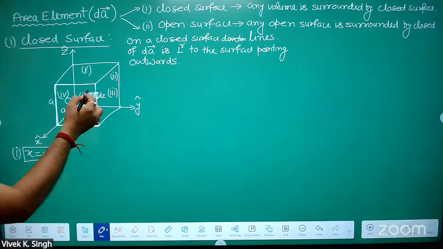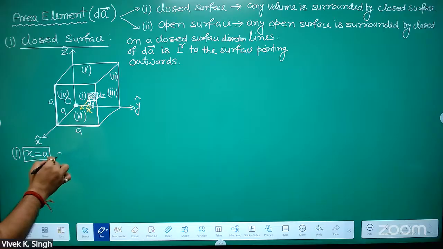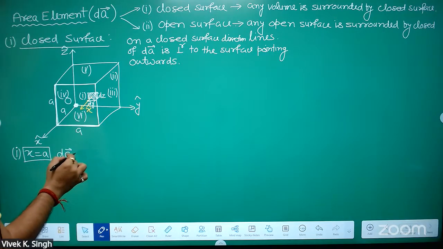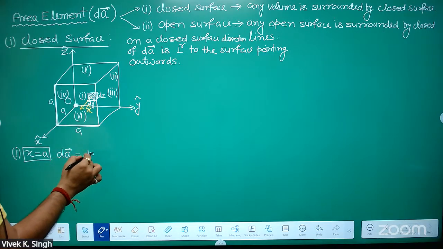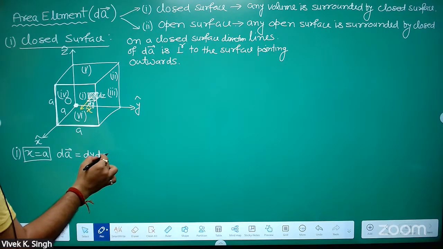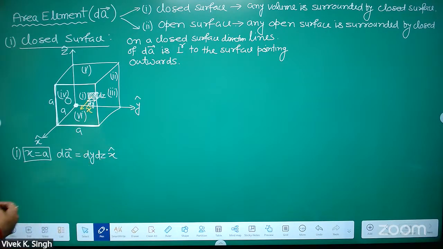So this direction is outward. So what will be dA over this surface? Just see. Magnitude will be dy dz and direction will be x cap. Is it correct?